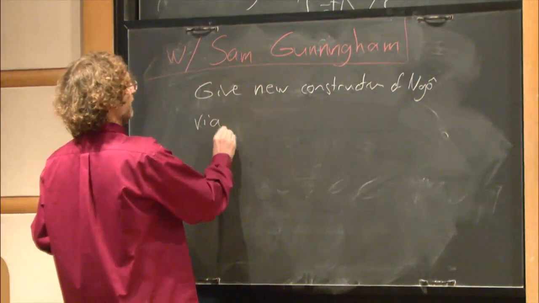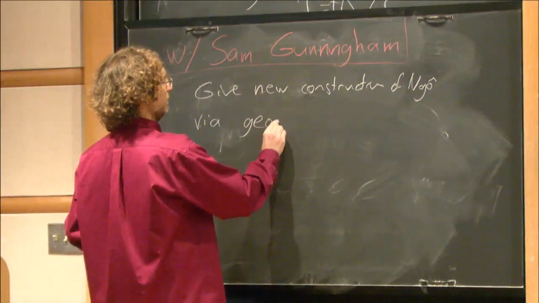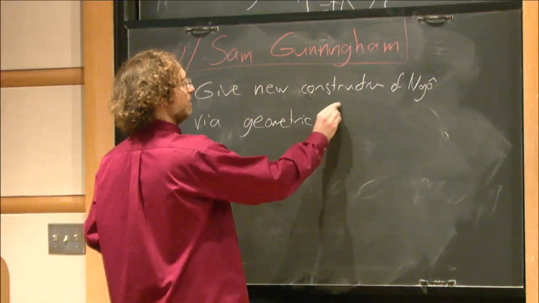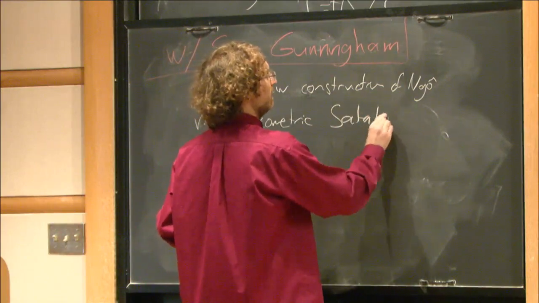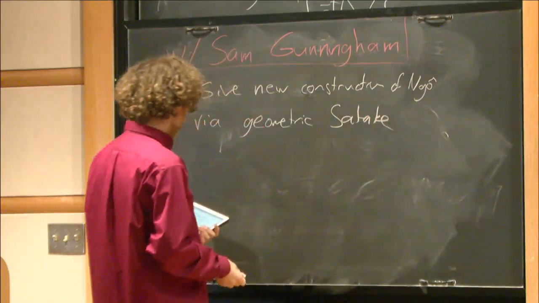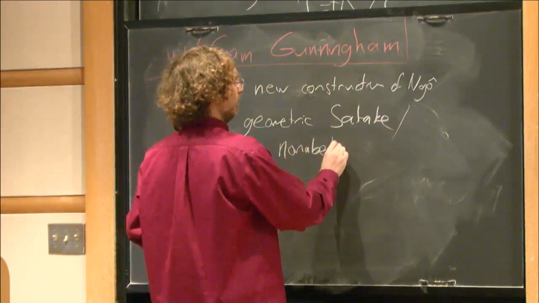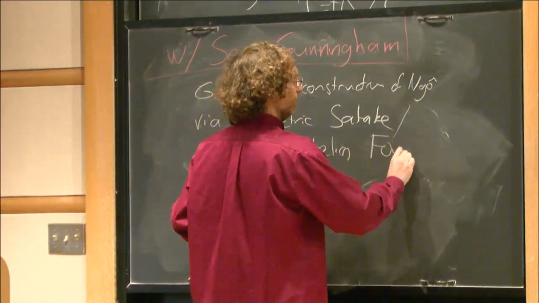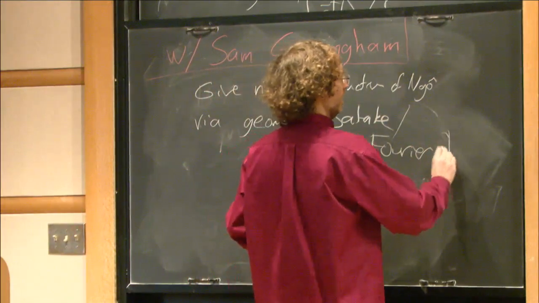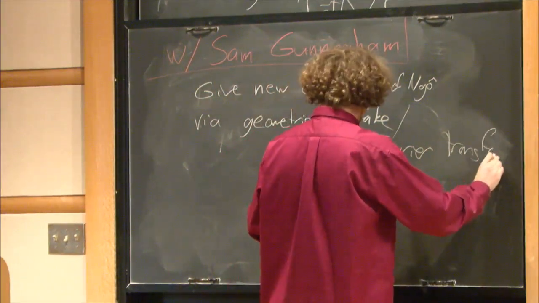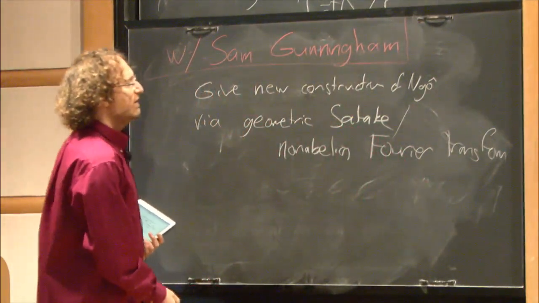And we do it using the best tool in geometric representation theory. It's called the geometric Satake theorem, which is part of the geometric Langlands duality, which is really a kind of non-abelian Fourier transform. So we translate the problem under a Fourier transform to a different situation.